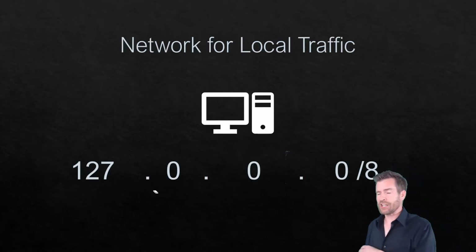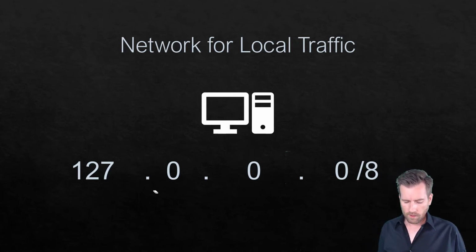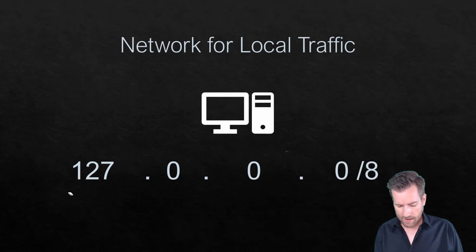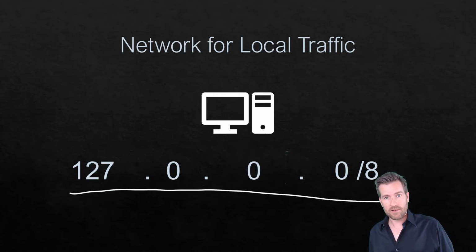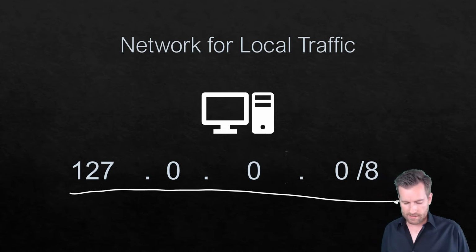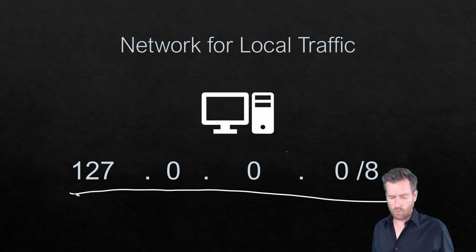So there's actually a huge number of addresses that are assigned to this loopback address, or a whole network. And that network is 127.0.0.0/8. And so anything that is 127.whatever, with the exception of 127.0.0.0, that specifically is a network address, so that's not going to work.